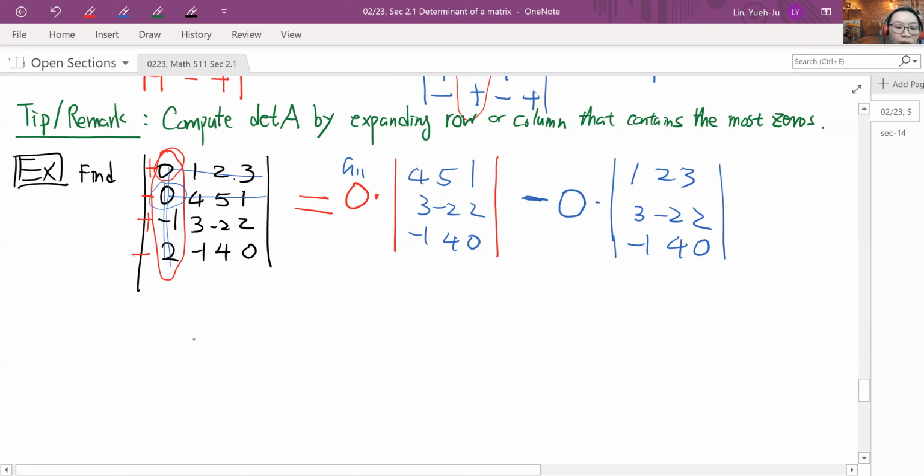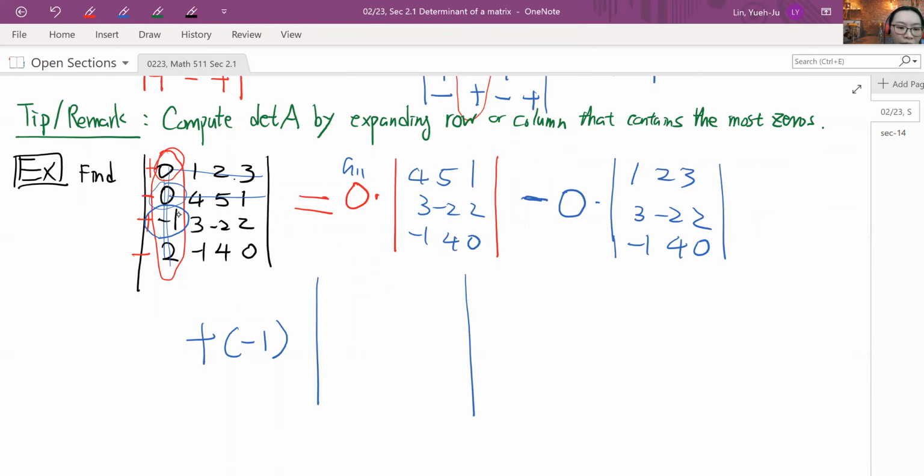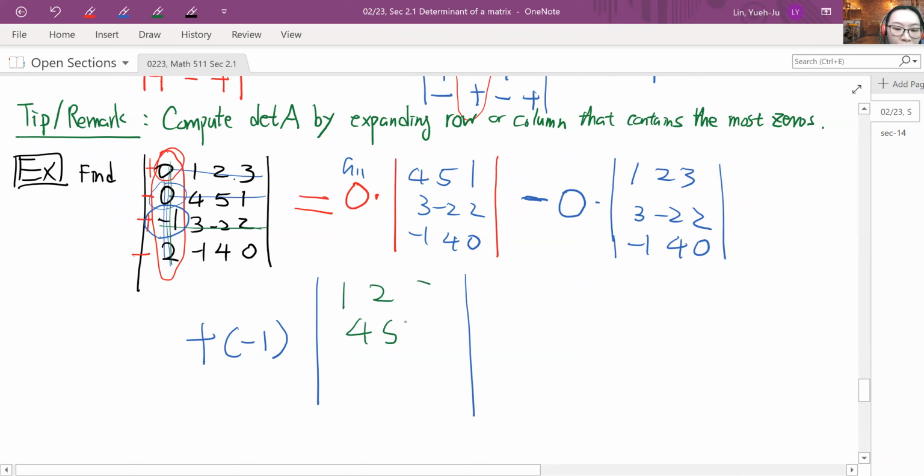Plus, minus, plus, and the third one is -1 here, times the corresponding 3 by 3, right? So for this 3 by 3, you can see that I cross out anything passing through this -1. So I will have 1, 2, 3, 4, 5, 1, and minus 1, 4, 0.